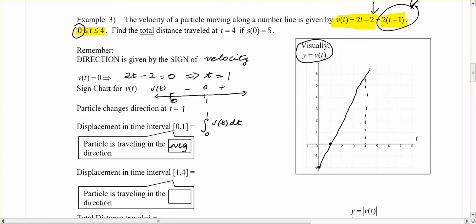And if my function is v of t equals 2t minus 2, when t is 4, v is going to be 2 times 4 minus 2, which is 6. So this is the point (4, 6).